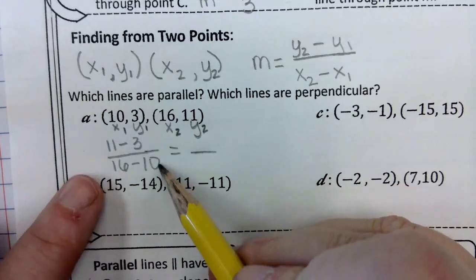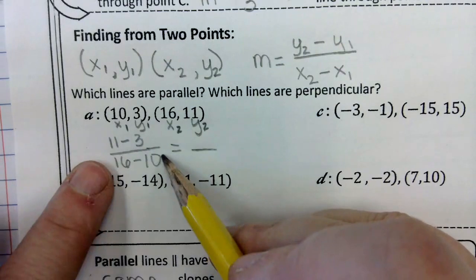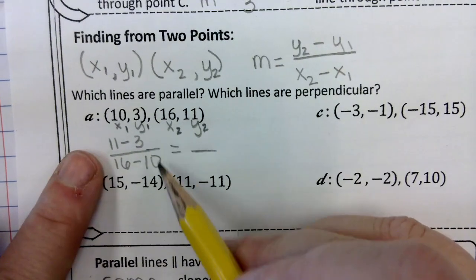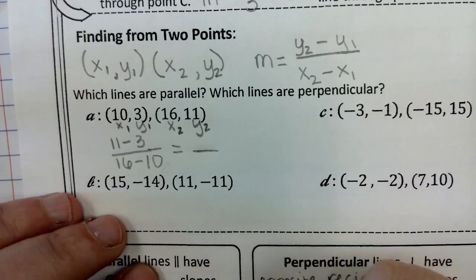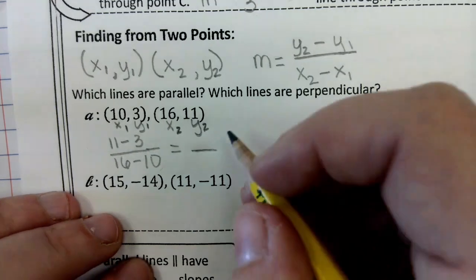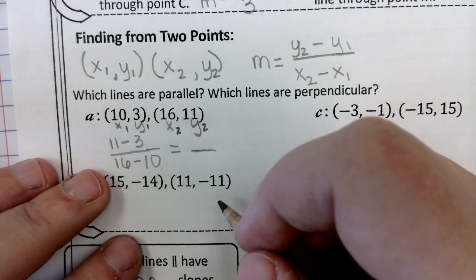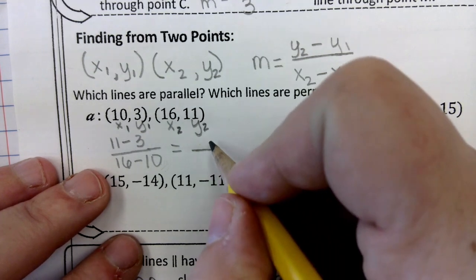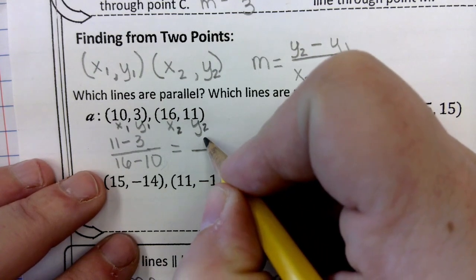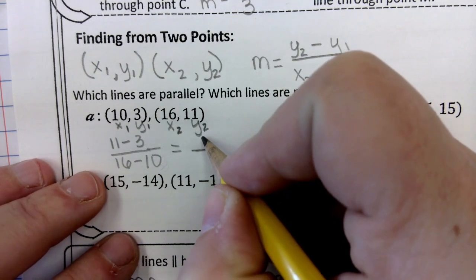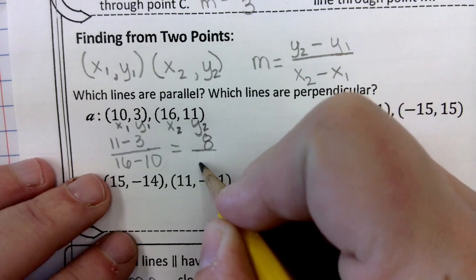So we're going to do that subtracting. So 11 minus 3, what's 11 minus 3? Anyone? 8. Thanks. 16 minus 10? 6. So we get 8 over 6.